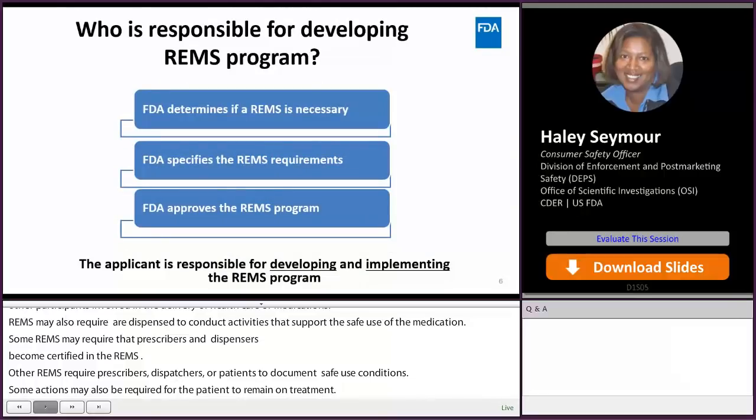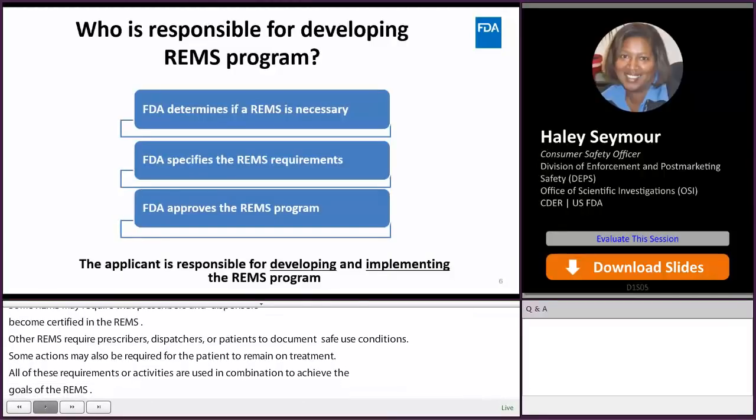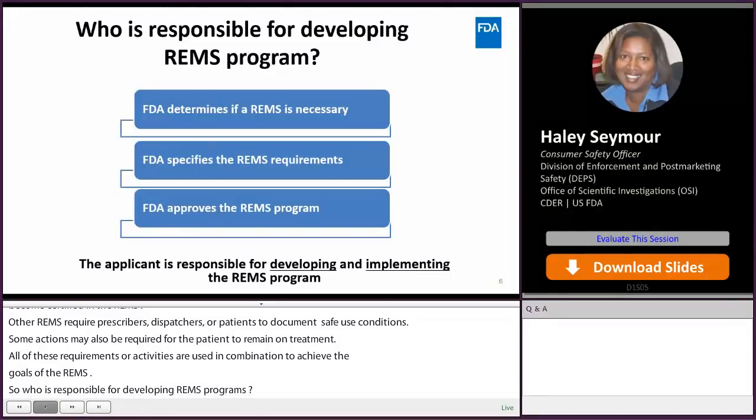So who is responsible for developing REMS programs? Well, FDA can require a REMS for prescription drugs and biologics if the agency determines it is necessary to ensure that the benefits of the medication outweigh the risks.